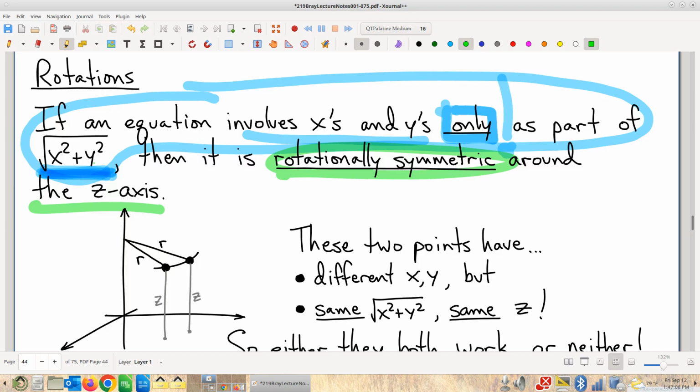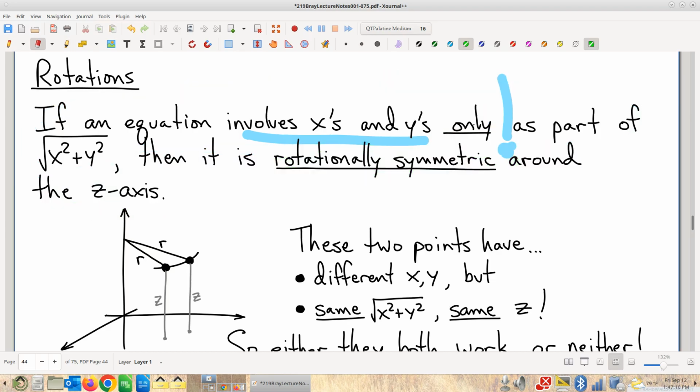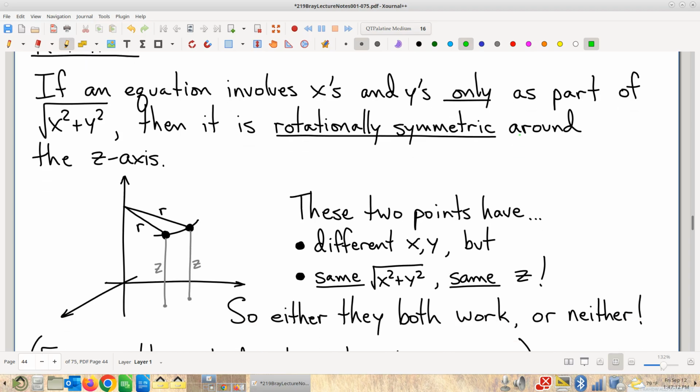Okay, so let's see why this is true. There are a couple of different ways to think about this. I'm going to start off by observing that if you have some point, any point, and you then rotate that point around the z-axis, let's look at the second point that you get by rotating like that.